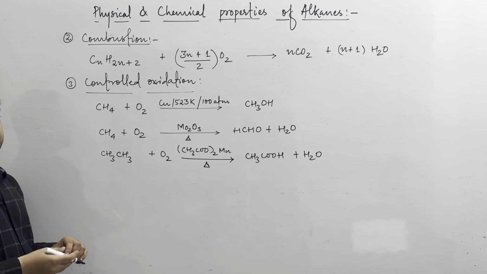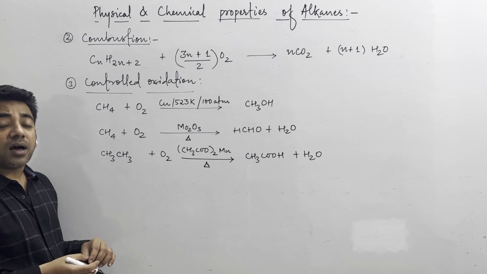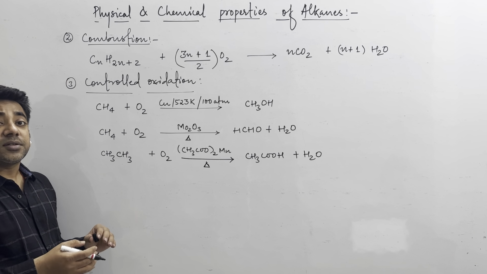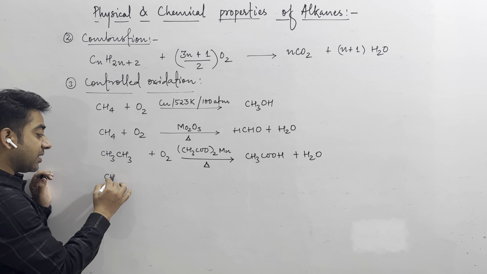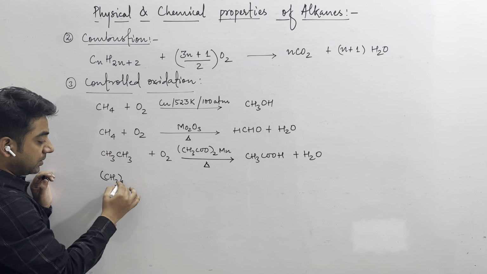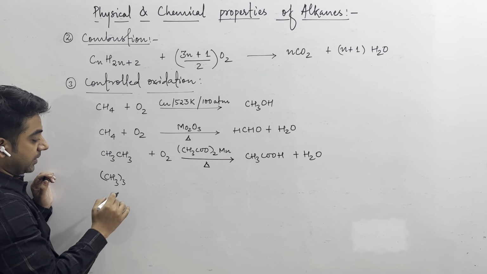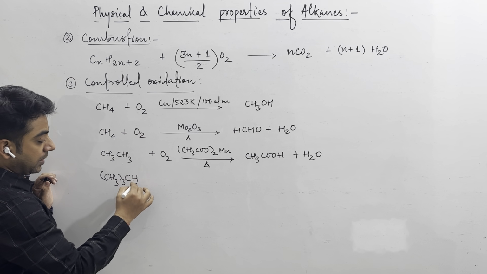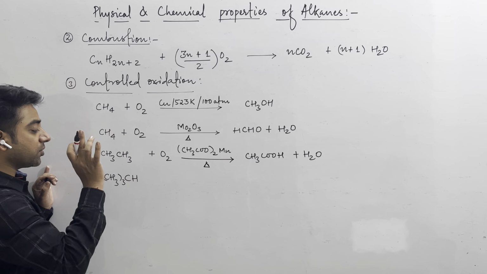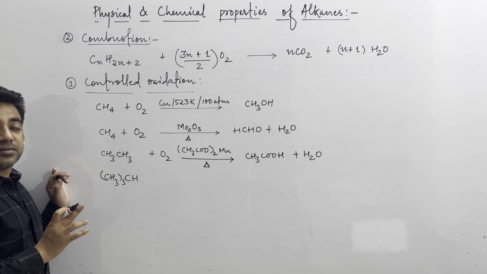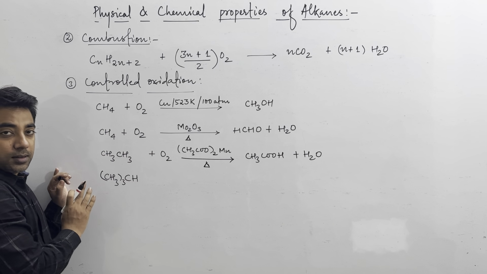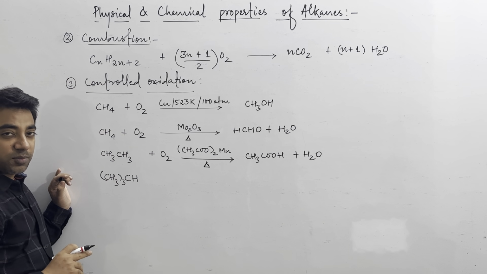In many cases these alkanes resist oxidation. But whenever an alkane has a hydrogen atom which is bonded to a tertiary carbon, like in this case, identify the IUPAC name of this first.